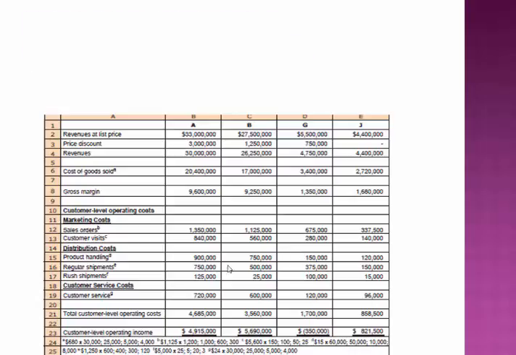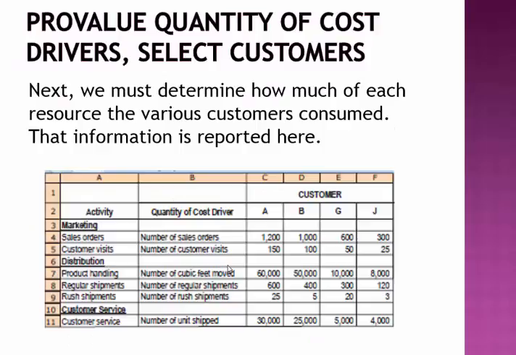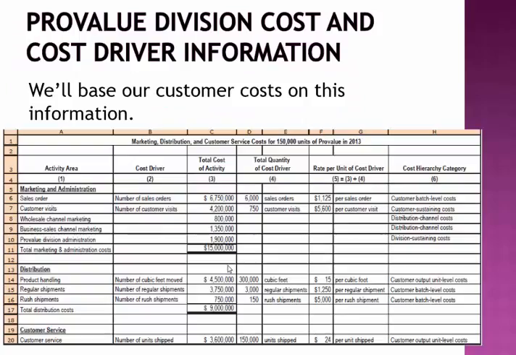Regular shipments. We came up with a regular shipment cost of $1,250 per shipment. And notice that the rush shipments were also calculated at $5,000 per rush shipment.